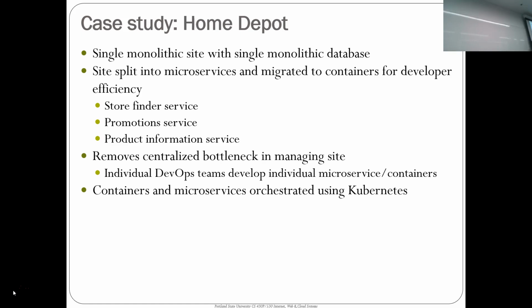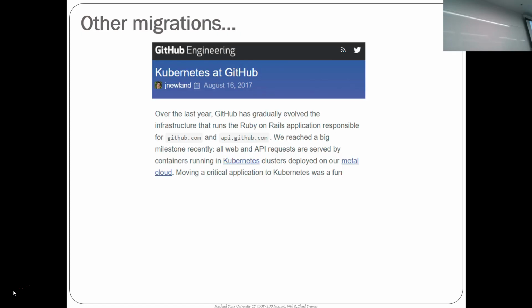And so they split it up into microservices and containers, and then they have a DevOps team for each one of those microservices. And then they can do Agile on one of those sub-sites rather than having to do it over the entire site. And then in order to manage all of this stuff, they just use Kubernetes to get that thing running.